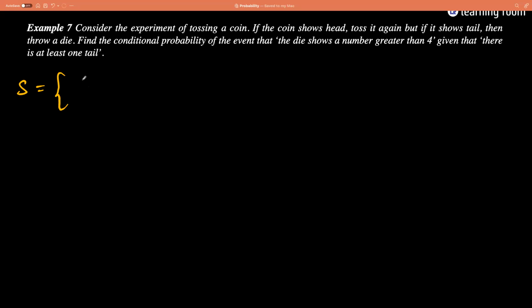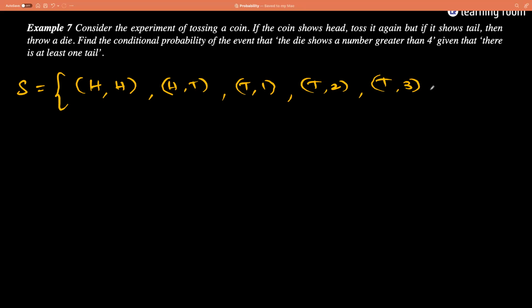If I get a head, I am supposed to toss it again, so the possibilities are head, head and head, tail. Whereas if you get a tail, you need to roll a die. So you get tail 1, tail 2, tail 3, tail 4, tail 5, and tail 6. Is that right?